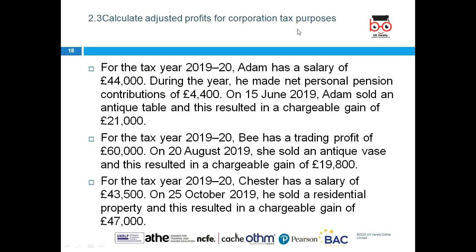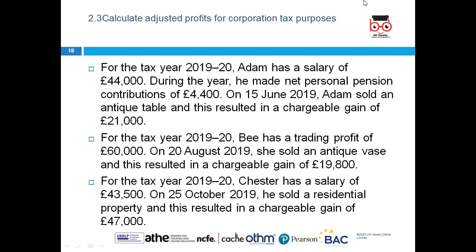Okay, next, now we're looking at how to calculate the adjusted profit for corporation tax. For the tax year 2019 and 20, Adam has a salary during the year and he made a net personal pension contribution.